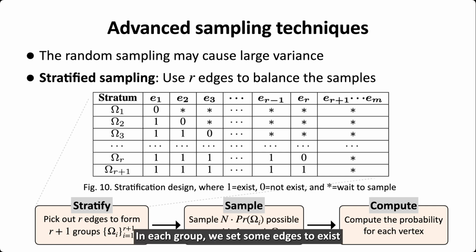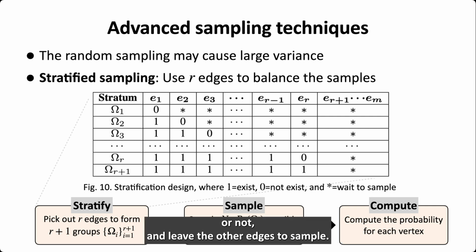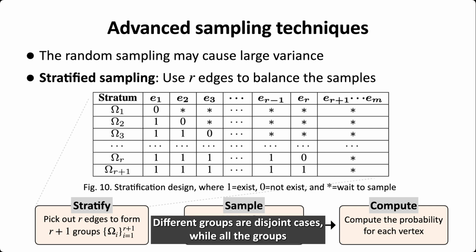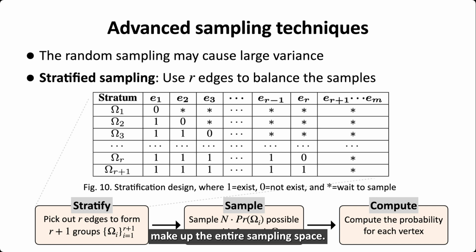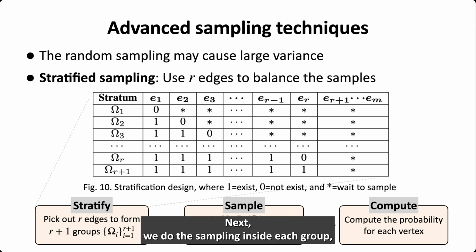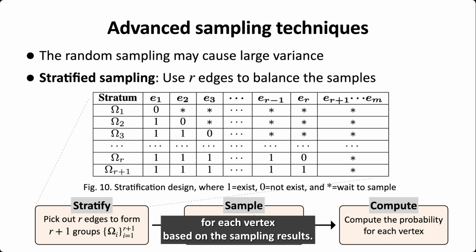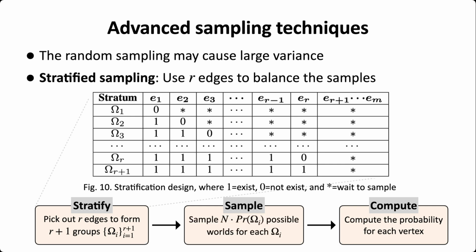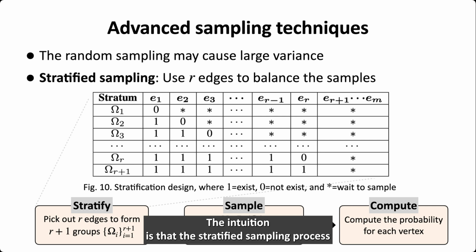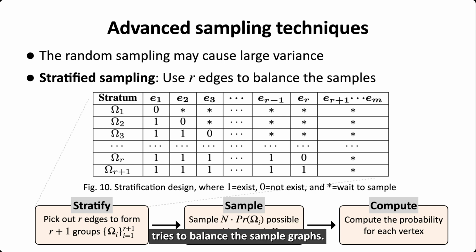In each group, we set some edges to exist or not, and leave the other edges to sample. Different groups are disjoint cases, while all the groups make up the entire sampling space. Next, we do the sampling inside each group, just as Monte Carlo sampling. Finally, we compute the confidence value for each vertex based on the sampling results. The intuition is that the stratified sampling process tries to balance the sample graphs.